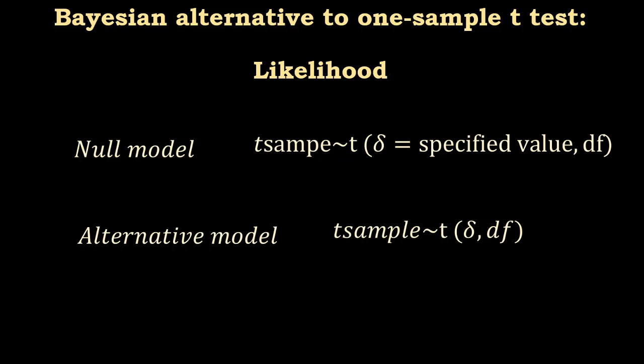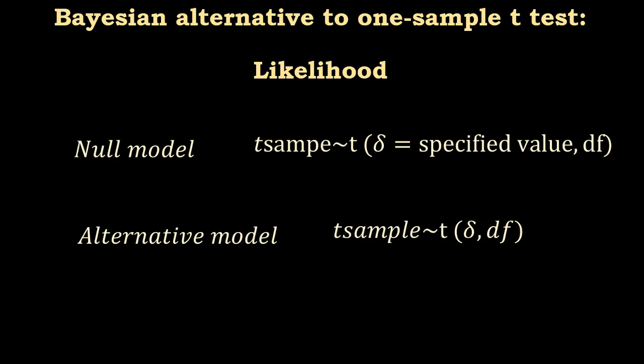Basically, the likelihood is the probability of obtaining the t-test that we obtain in our sample, given that the population parameter is a specific value, and we've got a number of degrees of freedom. Again, degrees of freedom is the sample size minus 1.